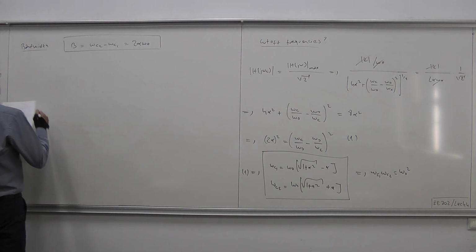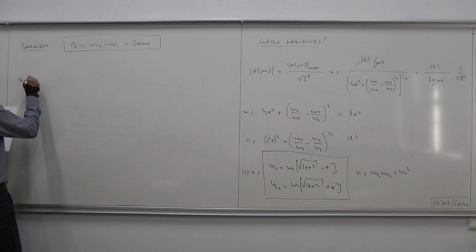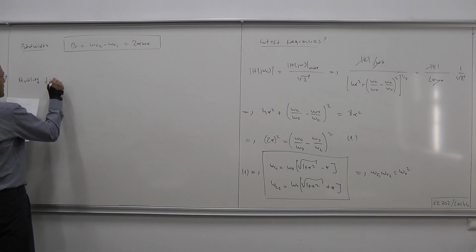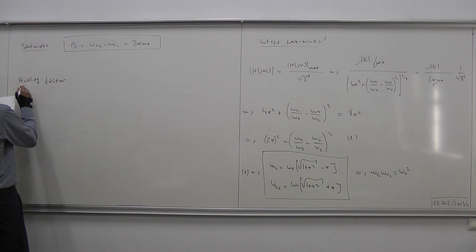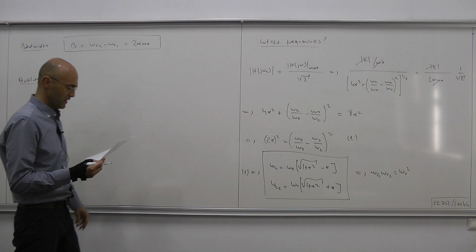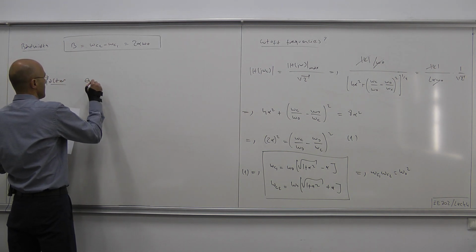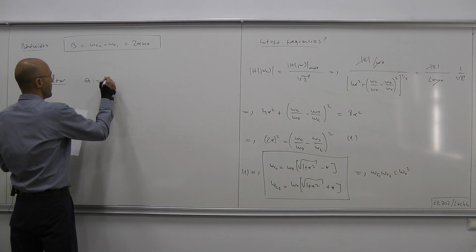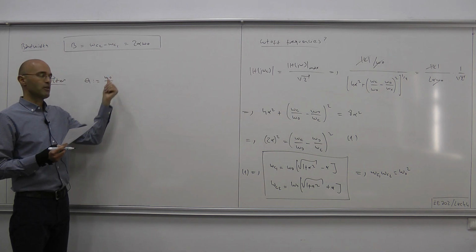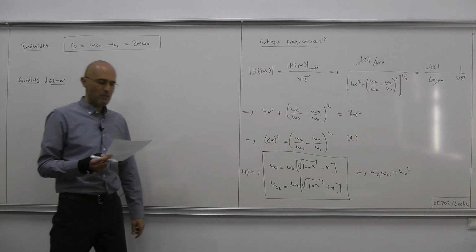And now we're going to introduce a new quantity which we'll be calling the quality factor. The quality factor associated with our second order bandpass filter is defined as omega 0 over b, the ratio of the center frequency to bandwidth.